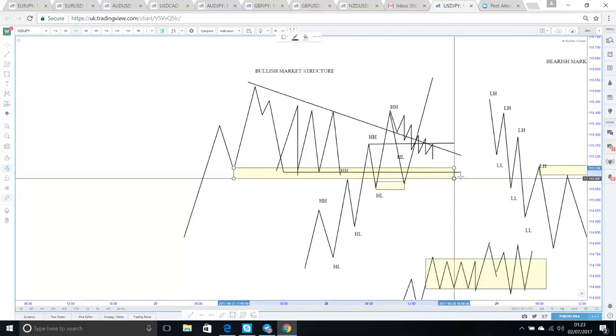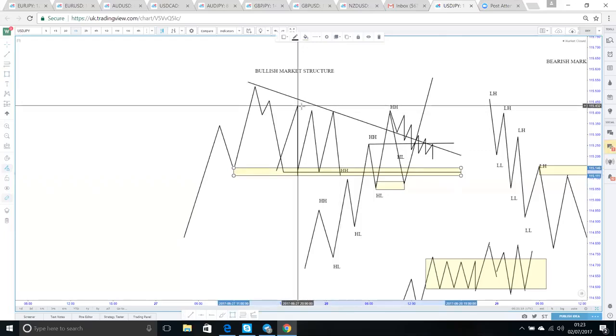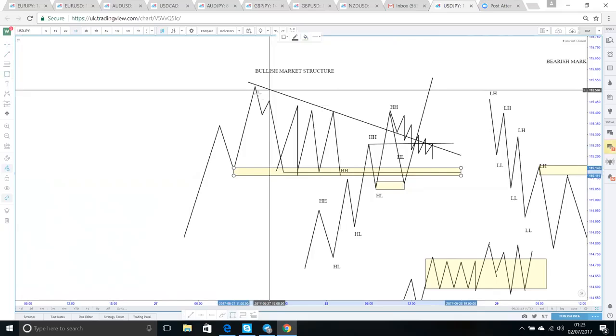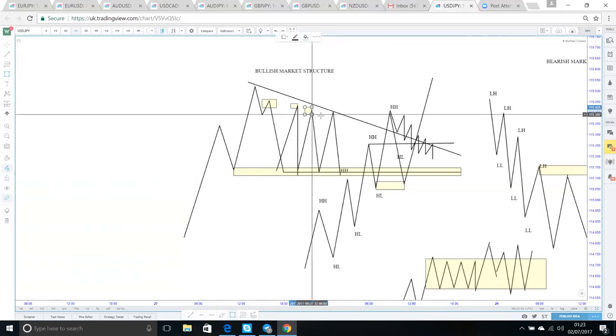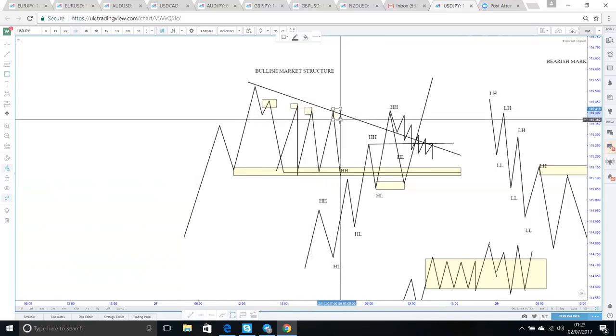When the price begins to start making a lower high here, guys, every high is lower than the previous, right? It means the trend is losing momentum, losing steam. It doesn't mean it has been breached. Try and understand.